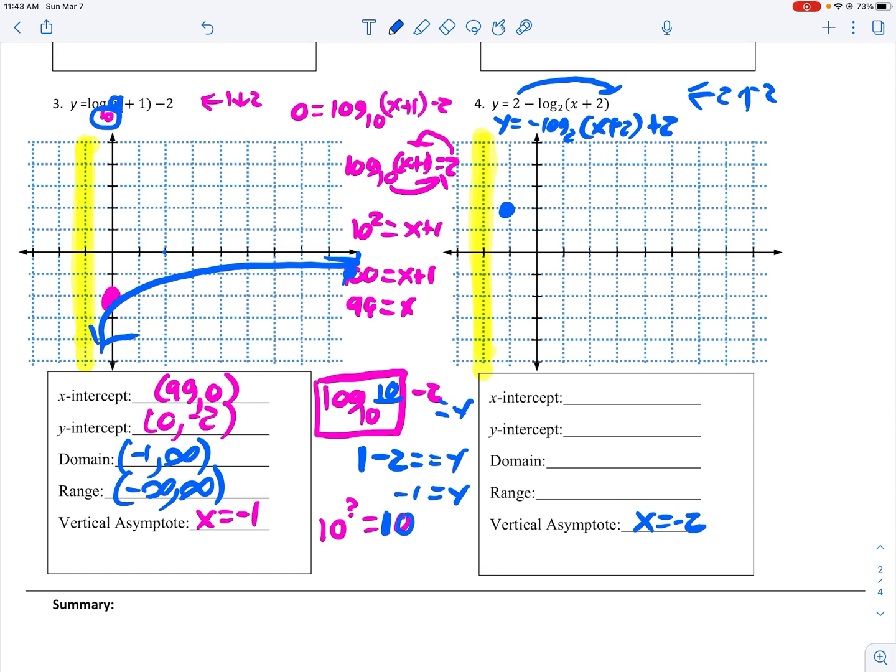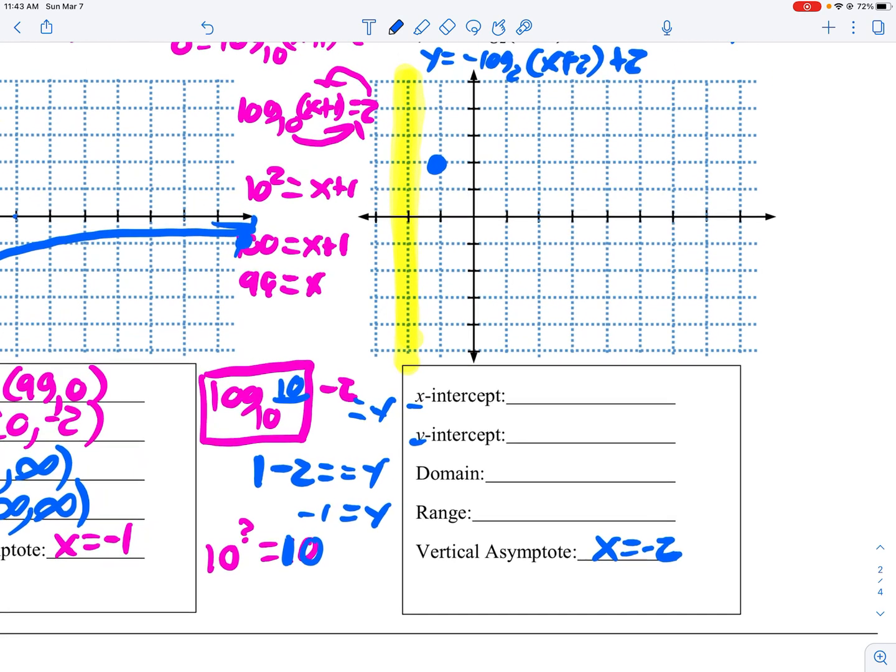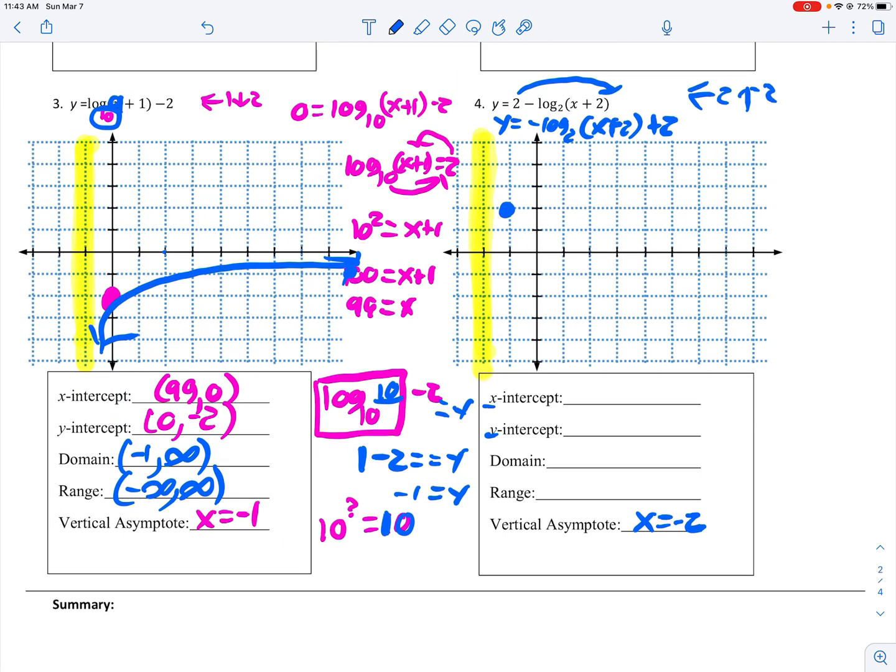Okay, so this is going to have an x-intercept and a y-intercept. Now, what is the negative going to do? Right? So think about it. What is that negative going to do to our log? Because it's going to be different than the last 3. So to find the x-intercept, we're going to let y equal 0. So 0 equals negative log base 2 of x plus 2, plus 2.